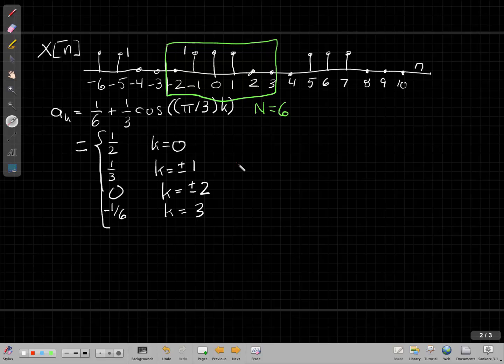What we're going to look at now is what happens when I change the Fourier series. The first example I'm going to show is an example of using the modulation property. Let's open up a new page. What if I define a new signal y of n, and this signal corresponds to the Fourier series b of k.